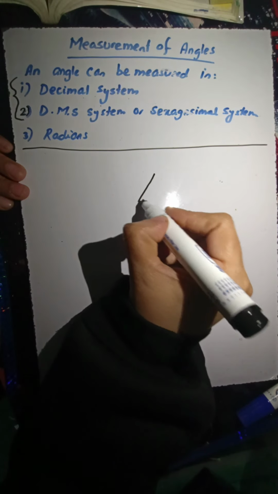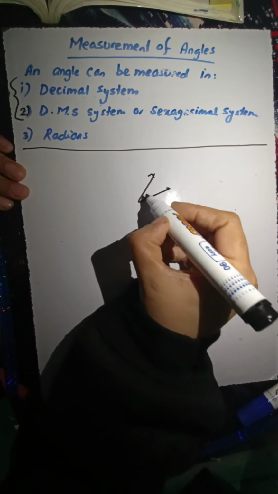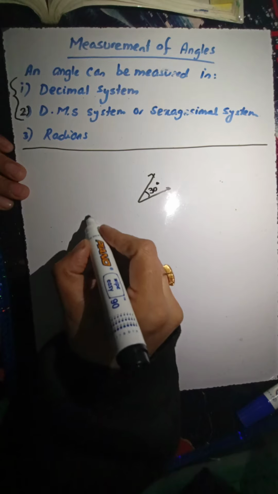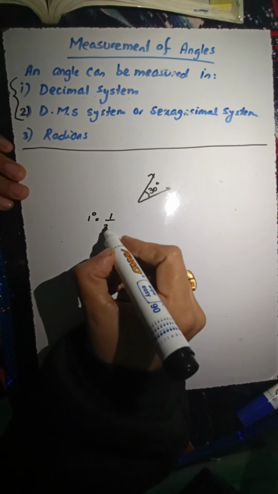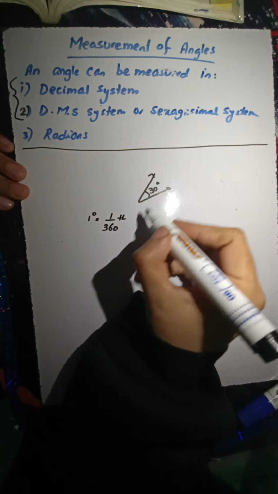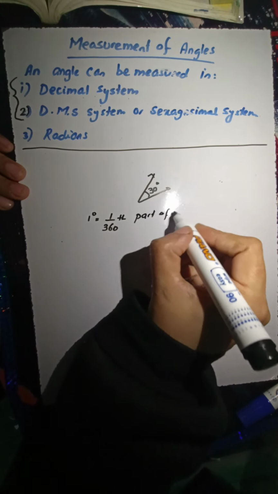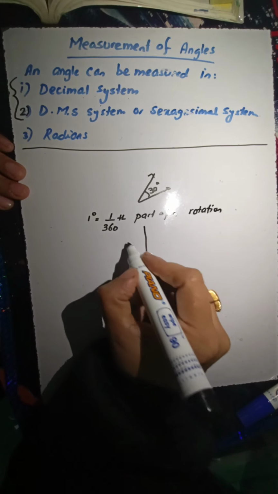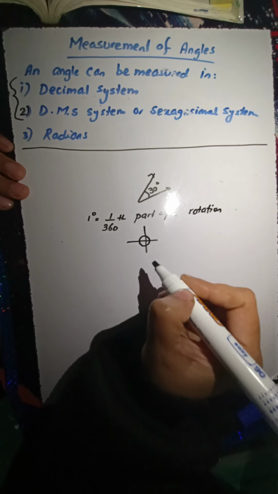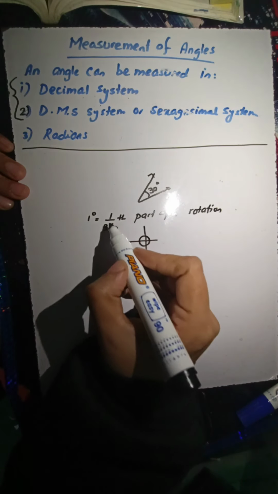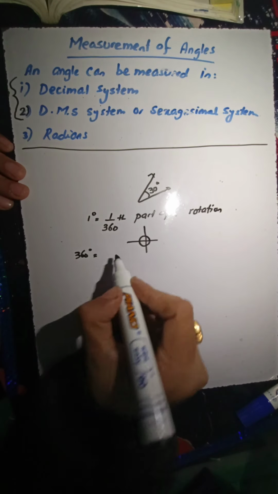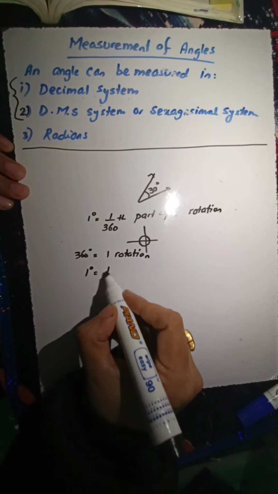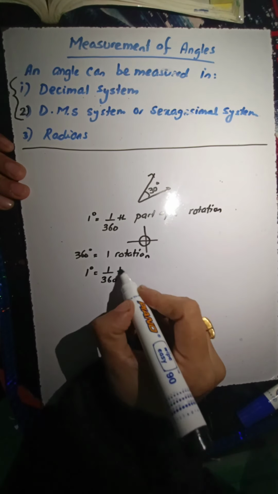For example, when the gap was this much, we said that its measurement is 30 degrees, where 1 degree is equal to 1 by 360th part of a rotation, because we say that one complete rotation is 360 degrees. So 1 degree will be 1 by 360th part of a full rotation.